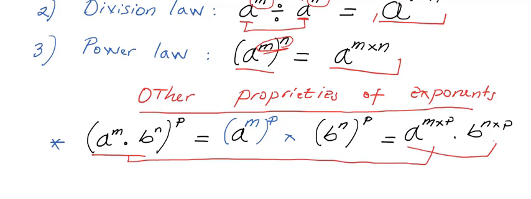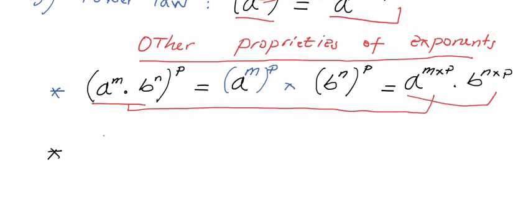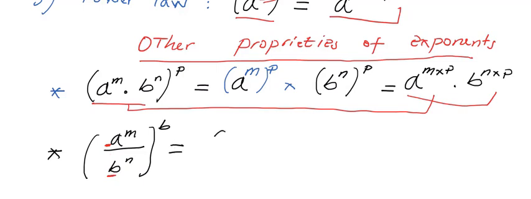We have the second one. Let's talk about the quotient, something like (a^m over b^n) all to the power p. Remember, you cannot apply the quotient rule because the bases here are not the same. Therefore, how can you simplify this expression? It will be (a^m) to the power p all over (b^n) to the power p.